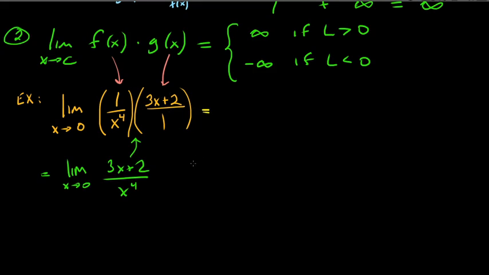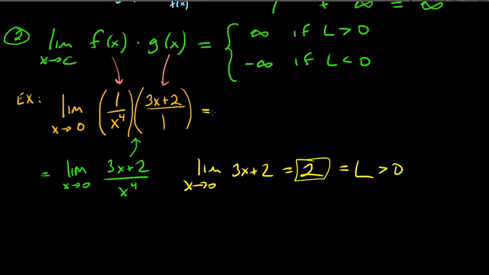So what's the limit of g of x? As x approaches 0, 3x plus 2 just approaches 2, right? 3 times 0 plus 2. So that's my L, right? And L, notice, is positive here. And notice that for f of x, the limit as x approaches 0 of f of x is, again, infinity.